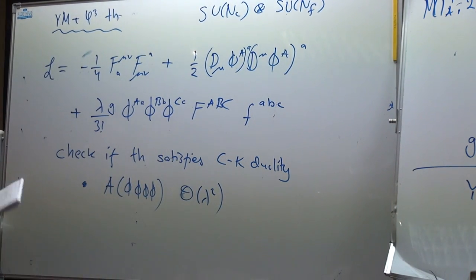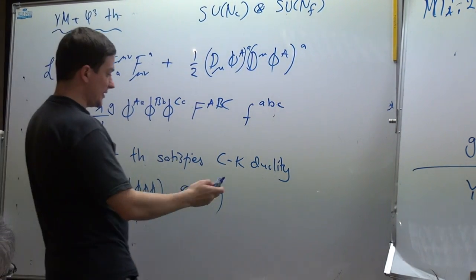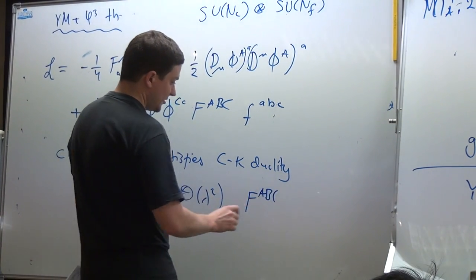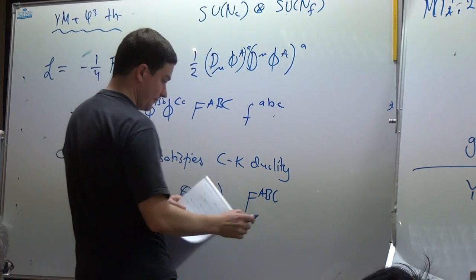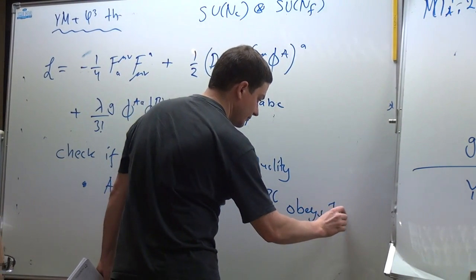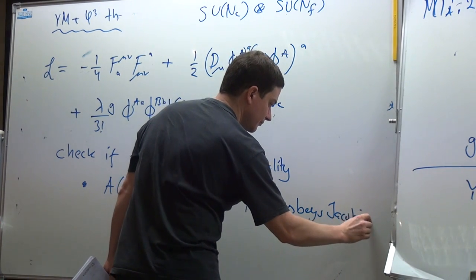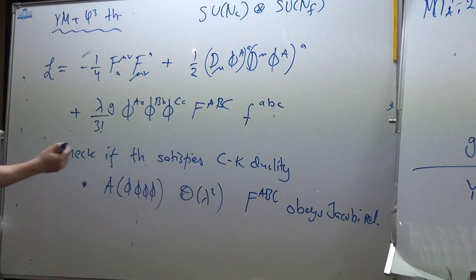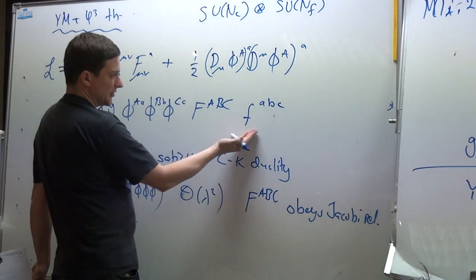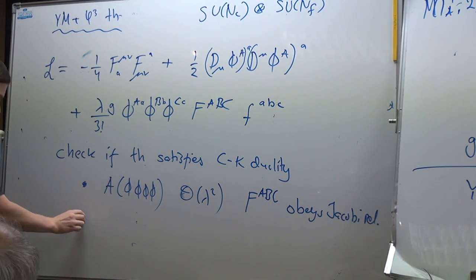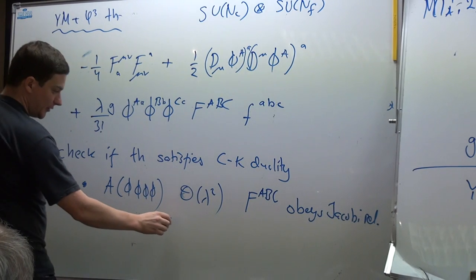And it's not too hard to guess what that constraint is. The constraint is that this f^{ABC} has to obey the Jacobi relations, which just means that this object satisfies the same relations as this guy, so they're on equal footing.